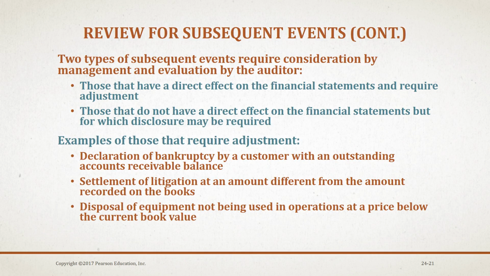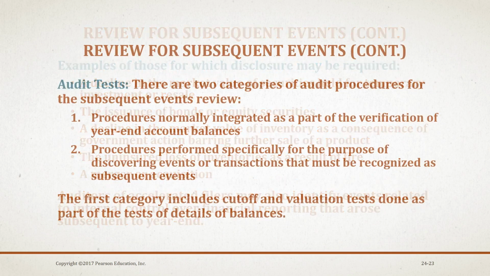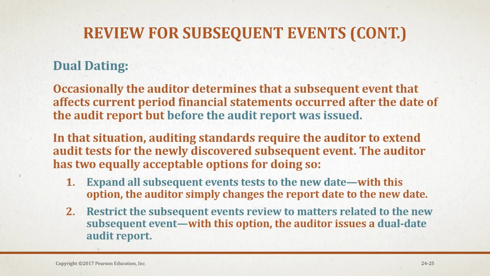Most CPA firms are not doing dual dating. It is a rarity now because the date that we normally put on the audit report is the date that we have discovered and obtained all sufficient appropriate evidence. So again, you're not going to see dual dating as much anymore.